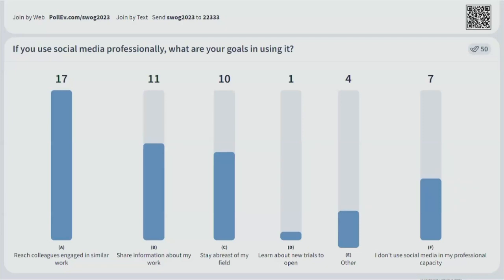Okay, looks like reaching colleagues is the big one. And learning about new trials is not.